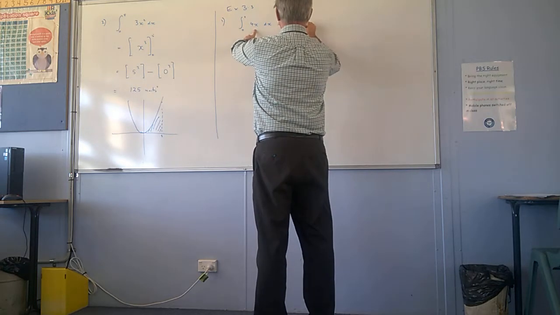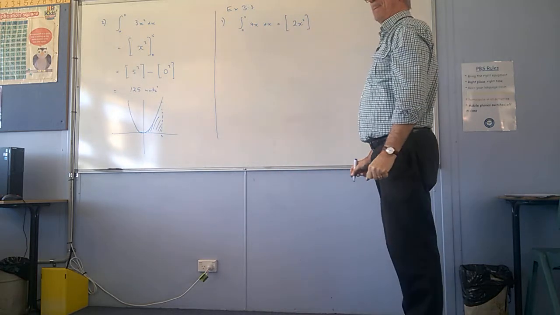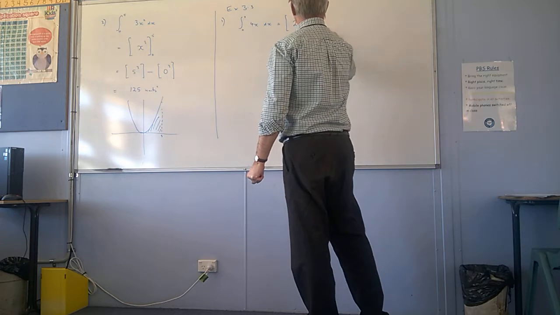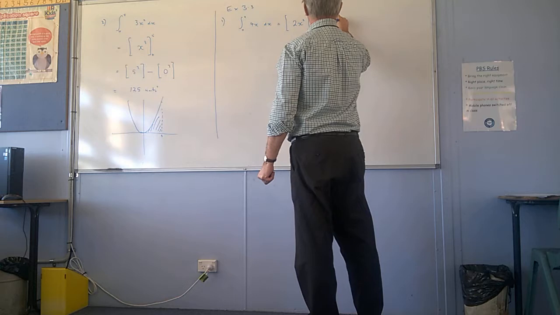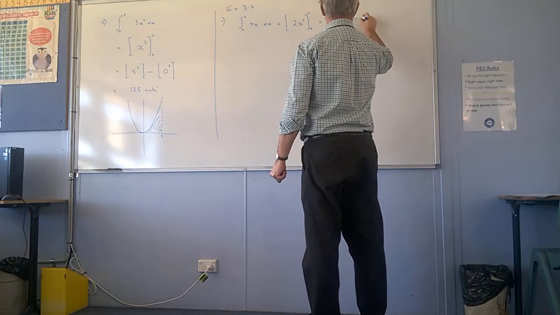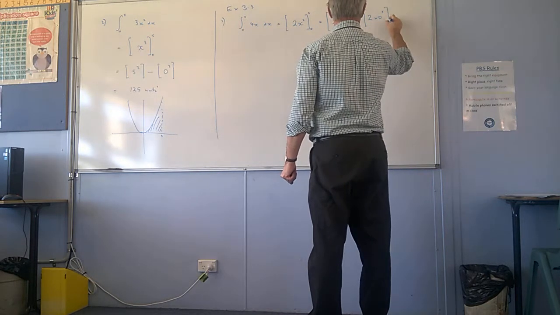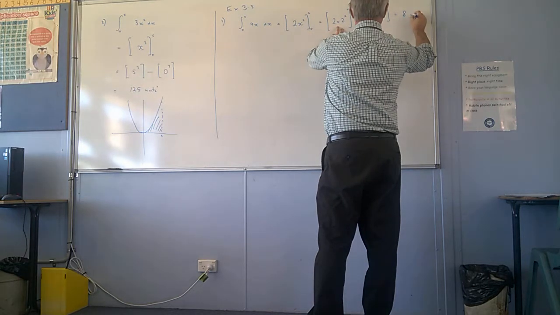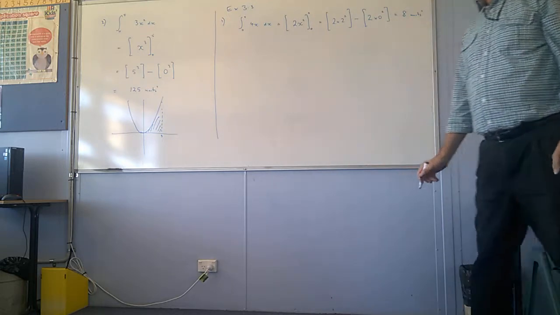Well, it's going to be 2x squared from 0 to 2, which is going to be 2 times 2 squared minus 2 times 0 squared. So the answer is 8. You don't really have to put the unit squared. The answer is 8.